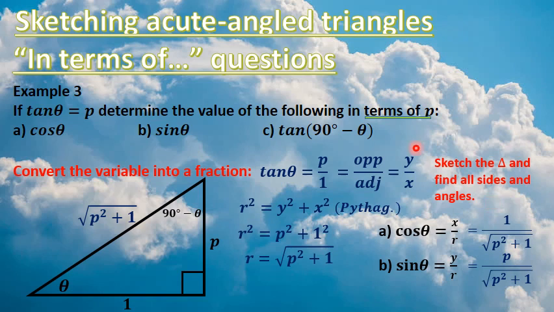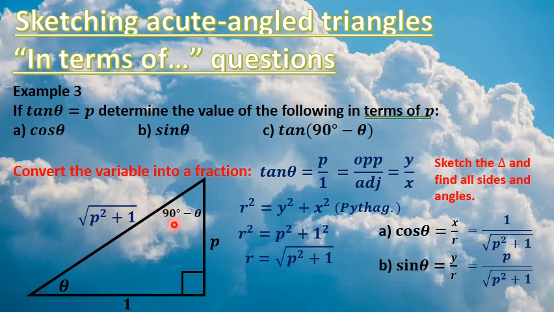Now what about this little tricky guy? What is tan of 90 degrees minus theta? Well, now we need to use SOHCAHTOA, but from the angle 90 minus theta. We are not going to worry about theta anymore. We're going to use SOHCAHTOA from this angle as a reference point.